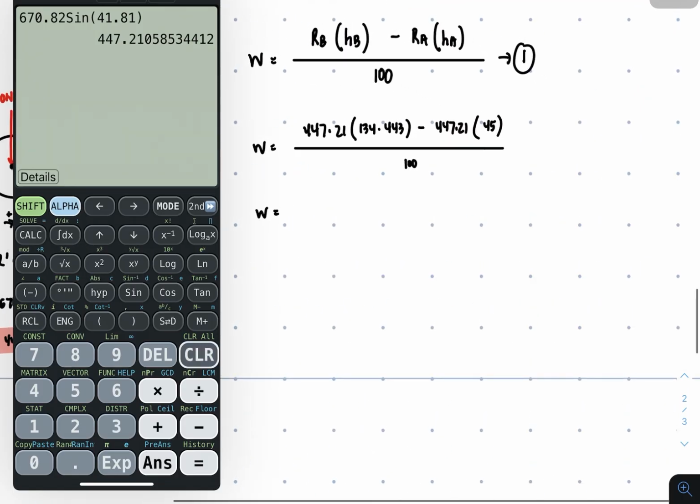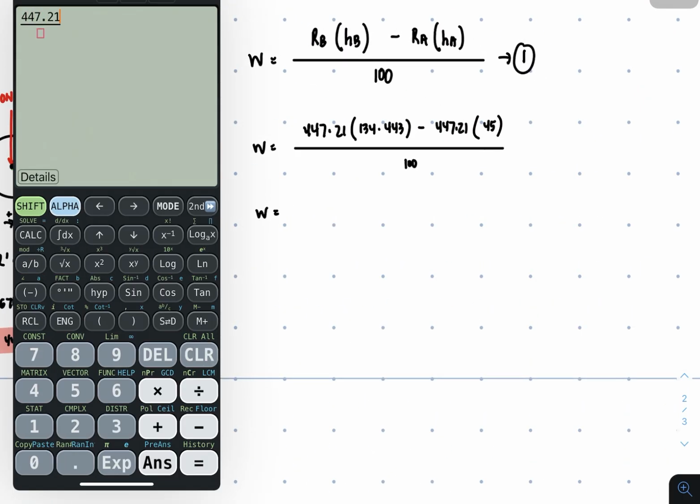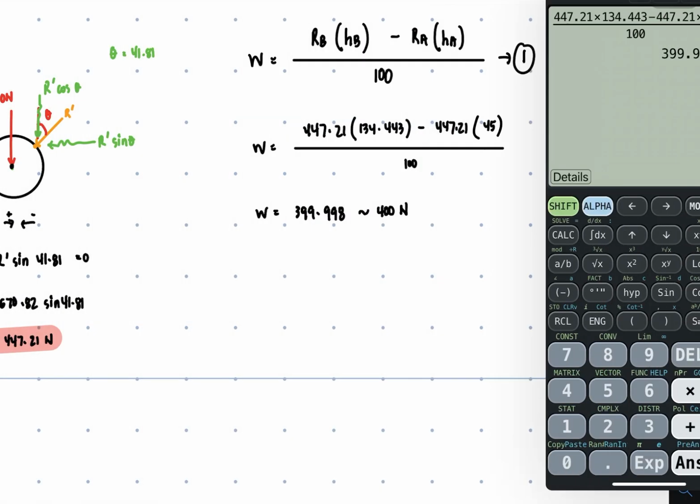So now we have the W, and the W is equal to 447.21 times 134.443 minus 447.21 times 45 divided by 100. So it's 399.998, or somehow this is 400 newtons.